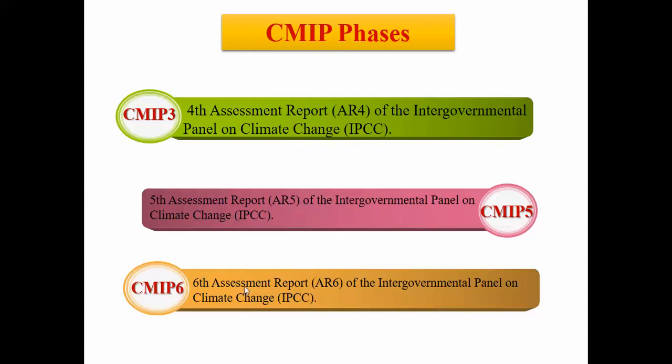After that, CMIP6 is being developed nowadays. It is under development, and different models are being published. It is not complete, but it will be published as the sixth assessment report of IPCC, under different scenarios that we call SSP.